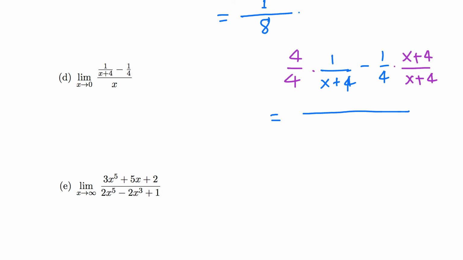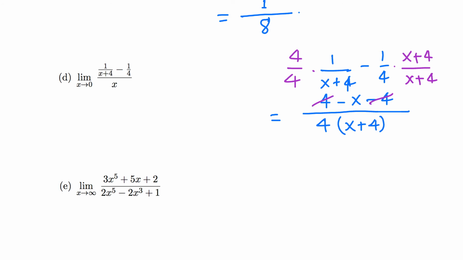Now we have the same denominator, 4 times quantity x plus 4, 4 times 1 is 4 minus, okay, be careful, minus. Now we need to distribute the negative: negative 1 times x, negative x, negative 1 times 4, negative 4, and on the top this positive 4 minus 4, that's 0.